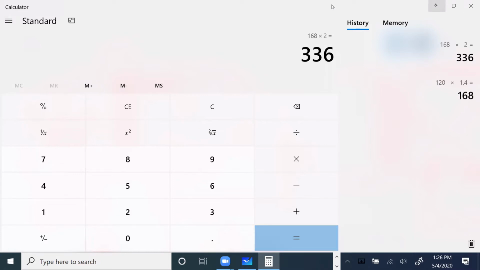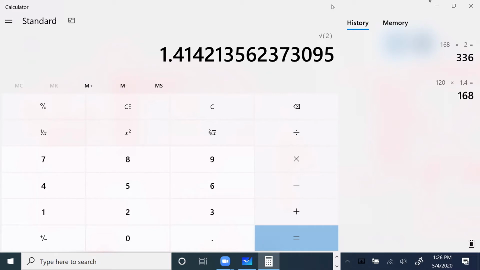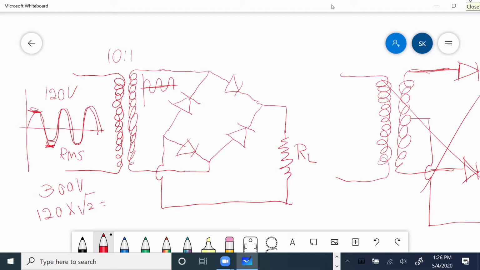Root 2 is 1.4, is it not? Yeah, 1.4. Anyway, I think the peak to peak is 300 and something volts.